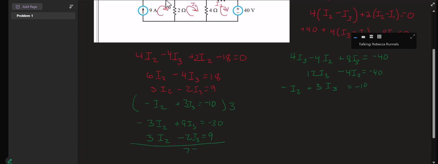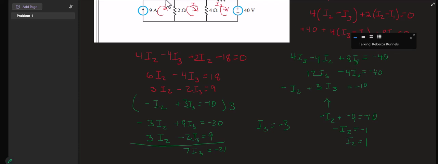And I get 7I3 equals negative 21, or I3 equals negative 3. And then if I3 equals negative 3, negative I2 plus negative 9 equals negative 10, or negative I2 equals negative 1, or I2 equals 1. Did I make any mistakes with any of that?